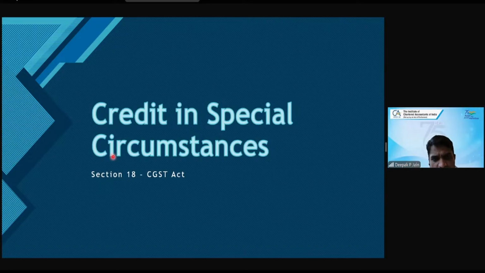Section 17, 8.27 to 8.28. Restriction on ITC regarding RCM supplies received from unregistered. I'll just show you my sheet.